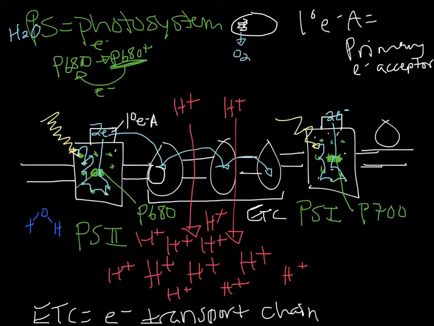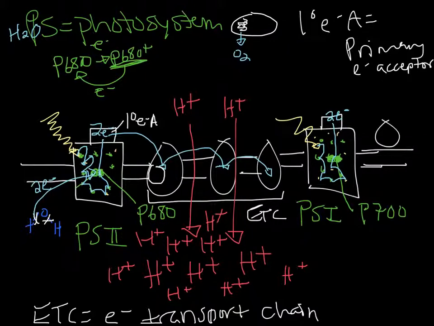We're going to extract those electrons, and a way to do that is to break the bonds. So an enzyme is going to break the bonds between the oxygens and hydrogens. The electrons are released and captured by this P680 plus because it's very electronegative. So the electrons are going to get transferred, 2 electrons, since we're tracing 2 at a time, from the water into the P680 plus chlorophyll.